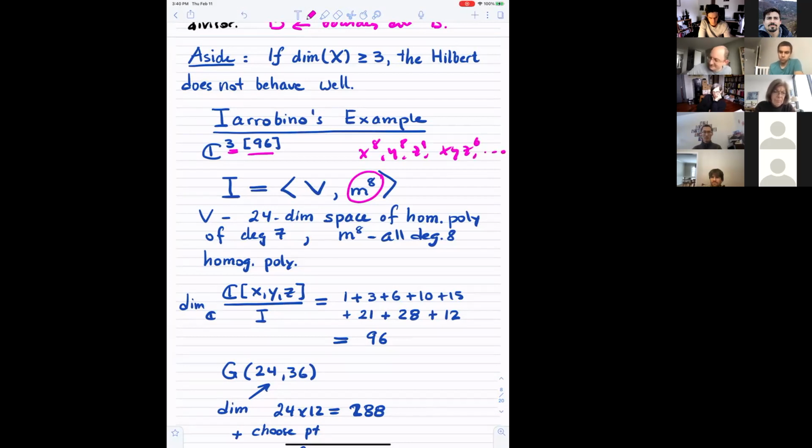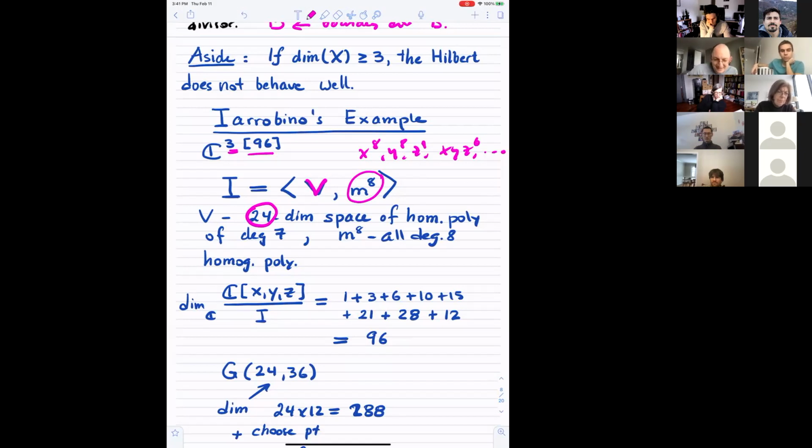You put them all in, okay? And then you take a 24-dimensional subspace of homogeneous polynomials of degree 7. I don't care what subspace you take, but you take a 24-dimensional subspace of such things, okay? And you look at the ideal generated by these things.